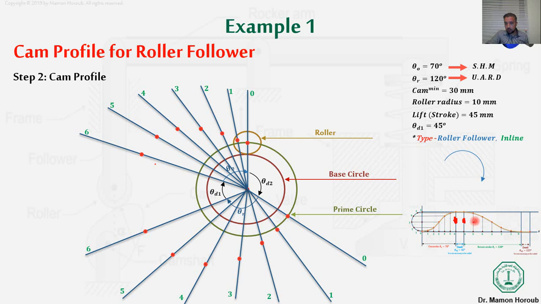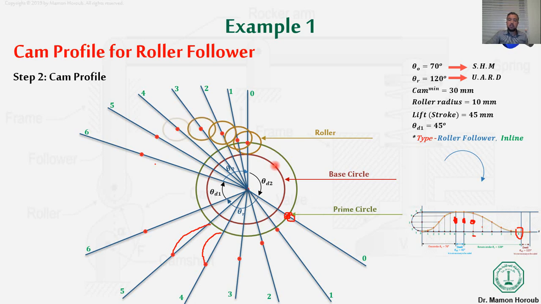And this is number 5 in the second period, right? If you look here, it's number 5. That means this is the distance of number 5. Number 4, the same. This is the distance of number 4 until I reach 0 here. This 0 represents my 0 in the displacement diagram.